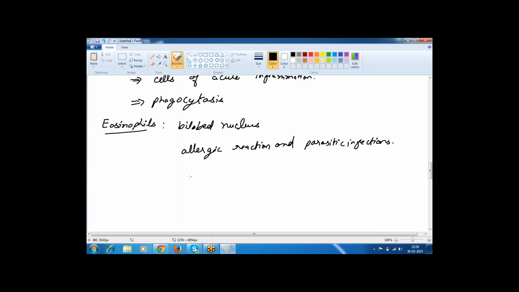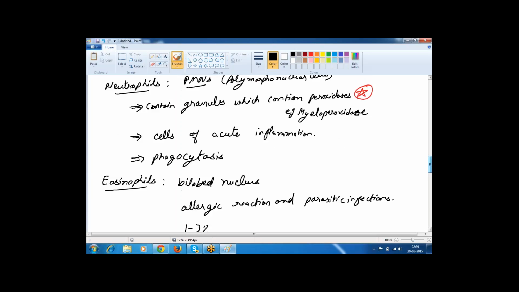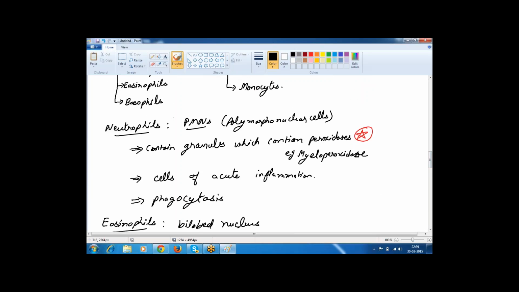These are quite less in count, 1 to 3% only out of the total WBCs, whereas neutrophils are about 60 to 65% of total WBCs. So neutrophils are one of the major inflammatory cells. Eosinophils relatively are quite less.